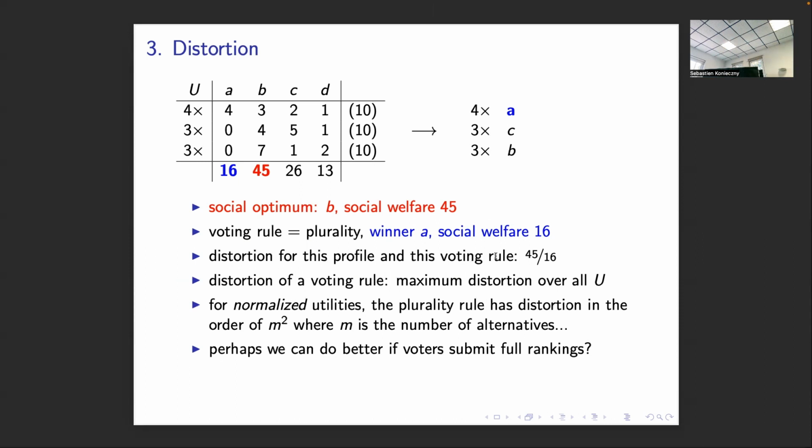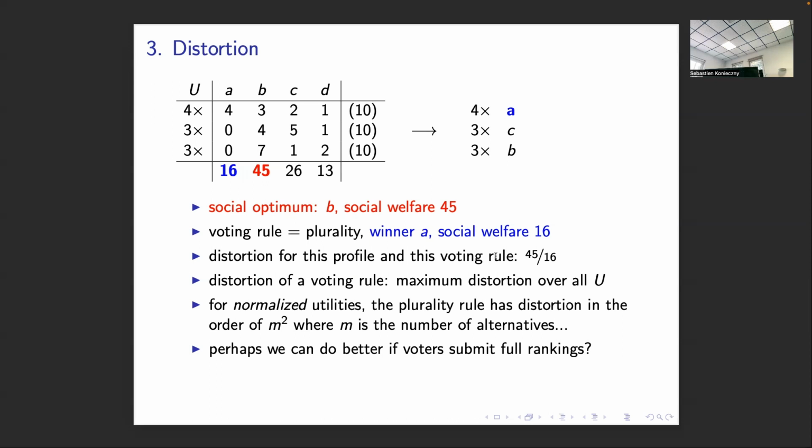There is a good reason for doing that. If we use plurality, these voters can say that they prefer A, these 3 voters prefer C. Sometimes, of course, there are ties, in which case they will randomize. Maybe here there are no ties, so this is simple. We use plurality and find that A is the winner.